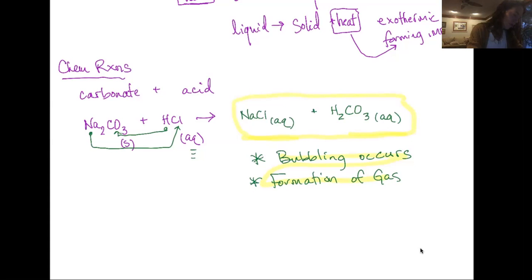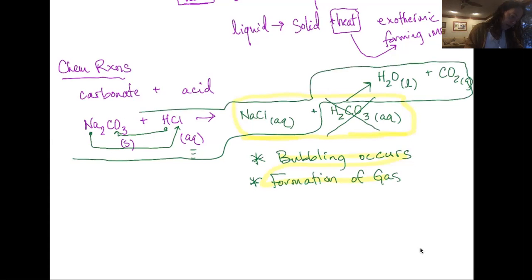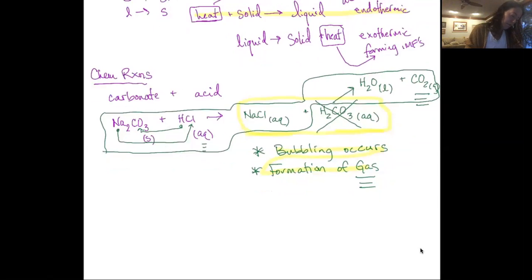So what you need to realize is that this further decomposes to make this. So we don't want to write this. We want to write this, because that is the reaction that occurred, and it shows the gas that was formed, right?